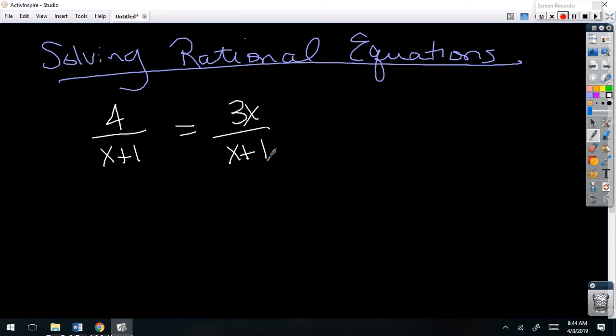You get the x factors, they have a common denominator. If I want to solve it for x, cross multiply is always an option when you have two.